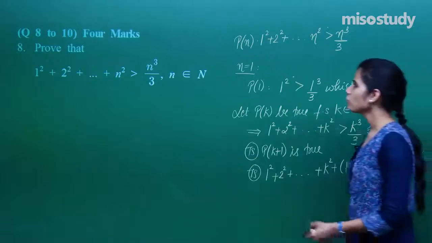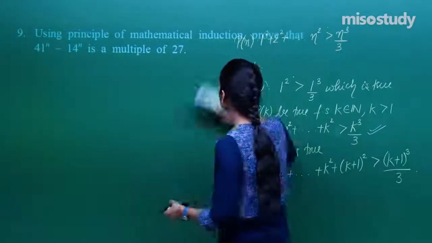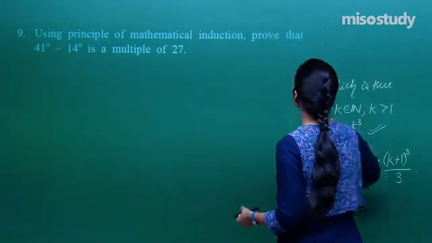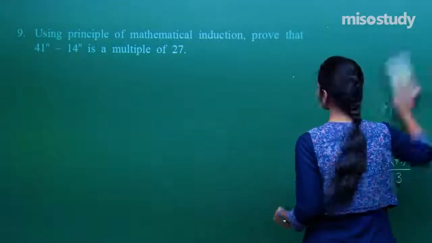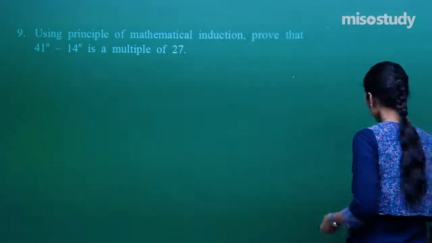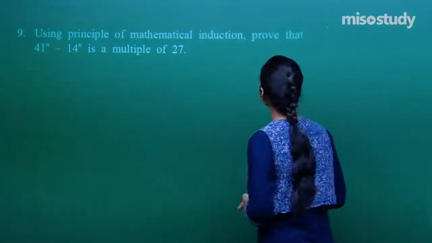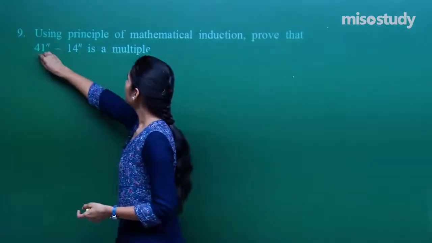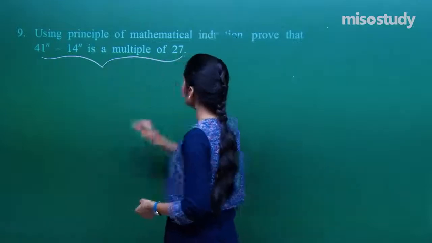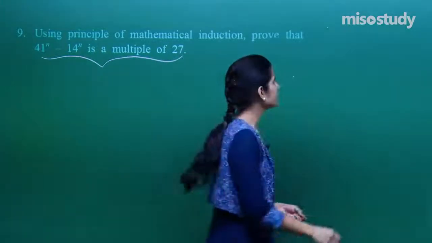Let's move ahead with the next question. We have, using again the principle of mathematical induction, prove that 41 to the power n minus 14 to the power n is a multiple of 27. Okay, so basically 41 to the power n minus 14 to the power n is a multiple of 27. This is your primary statement.